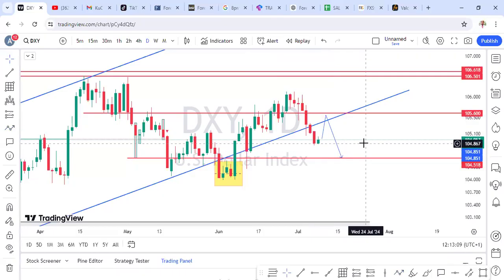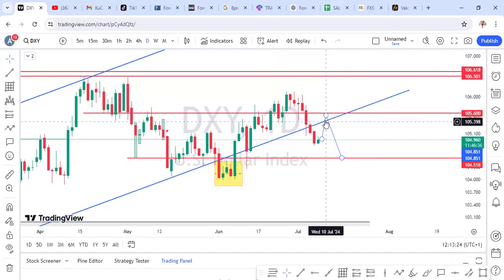So this is a good way to look at it. If one starts shorting the dollar, we will be shorting from 105,600 or 105,400 or 500 thereabout, anything here. By that time, if we are shorting from that angle, we know that we have at least a place to swing to.